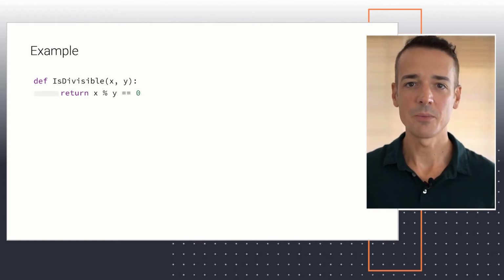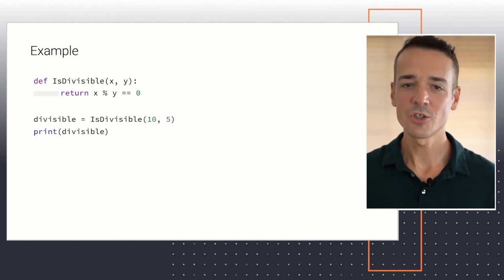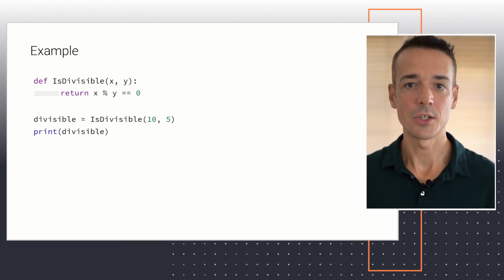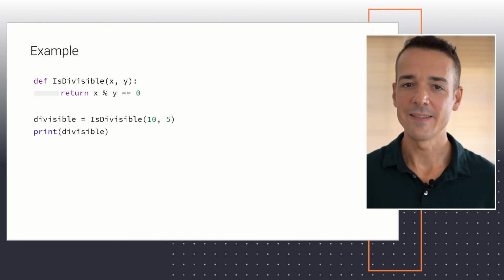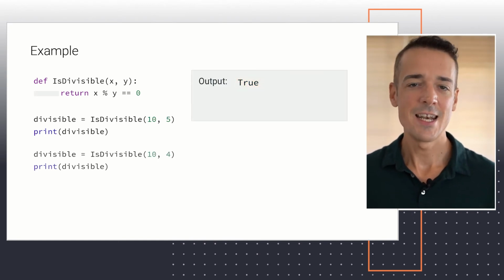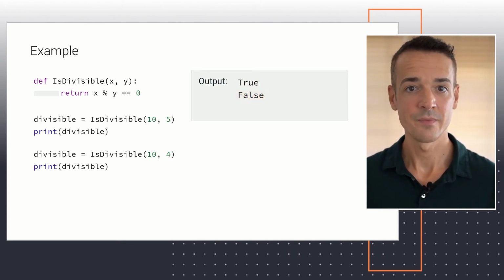Let's look at some possible invocations to this function in a main program. This call checks whether 10 is divisible by 5. The function returns true, which is saved in variable divisible. And then the print call shows this value in the terminal. Next, we check if 10 is divisible by 4, and in this case, the answer is false.